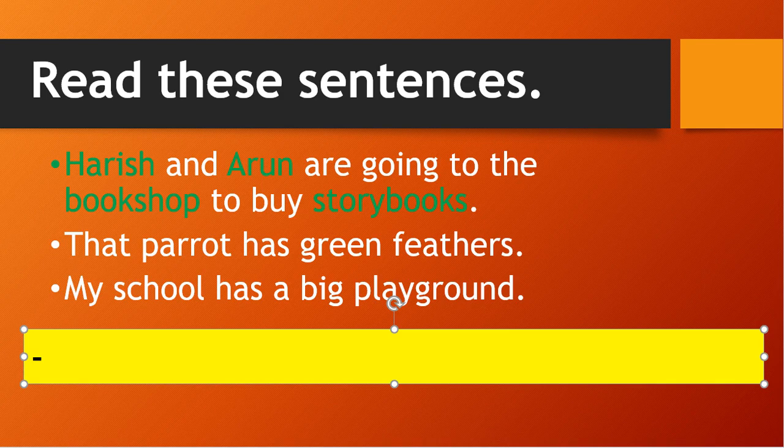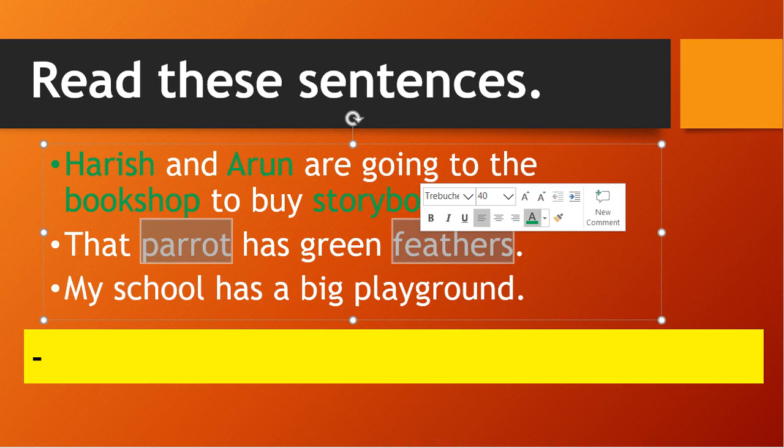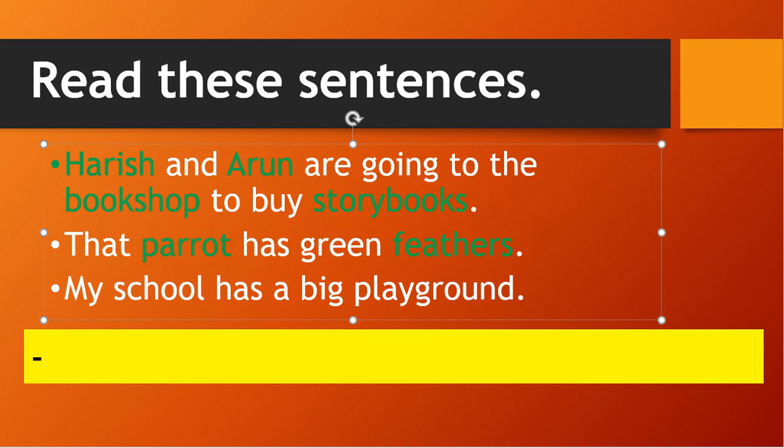Correct. The next sentence: that parrot has green feathers. Here parrot is an animal, so parrot is a noun, and feathers are things of a parrot, so that is also a noun. Okay, so parrot and feathers are nouns in this sentence.